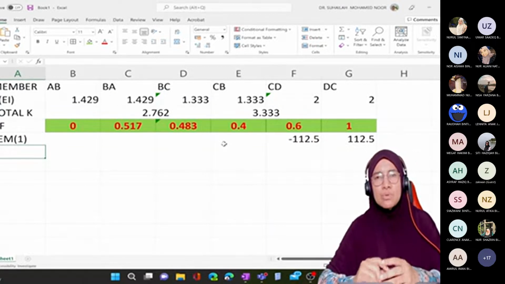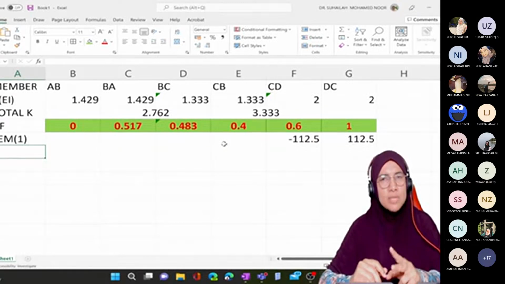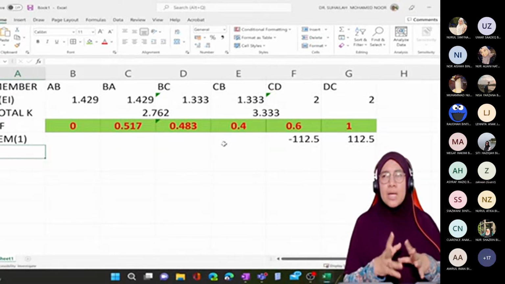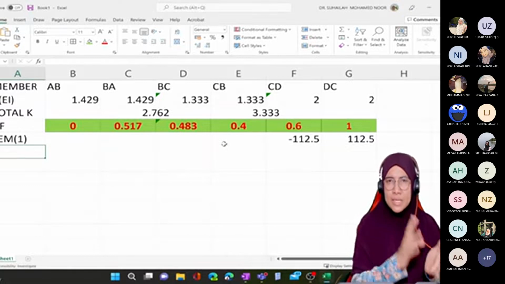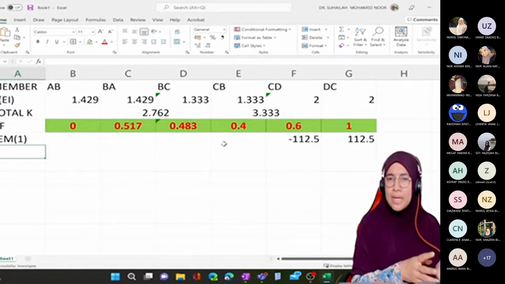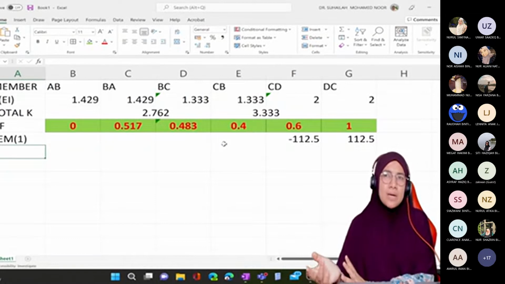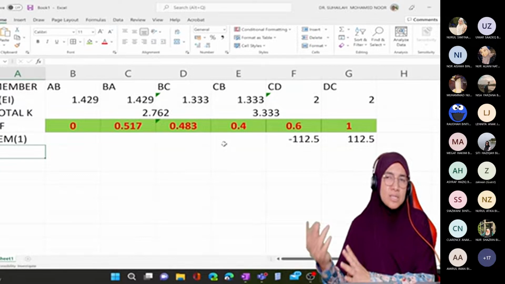So for that, we can analyze the end moment using two tables. That means we first do one table considering external loading only, and then the delta comes as the additional question.